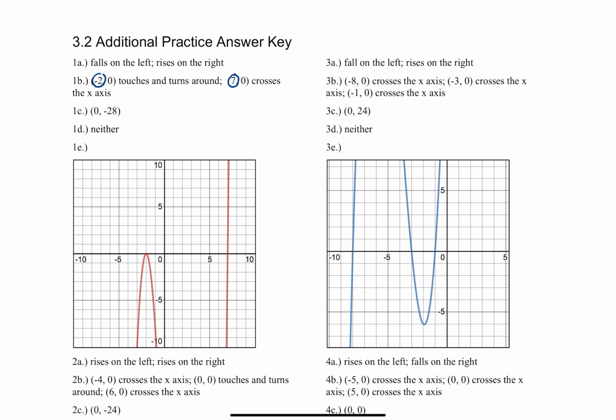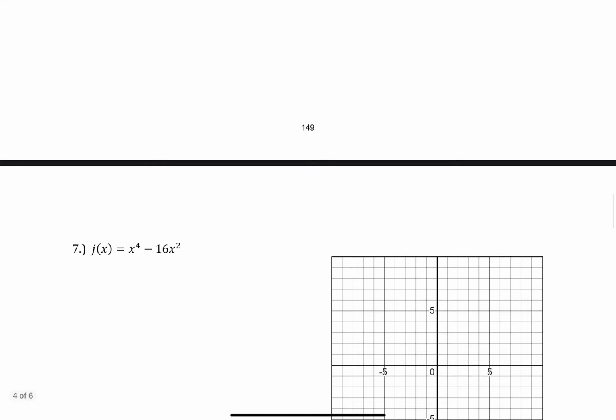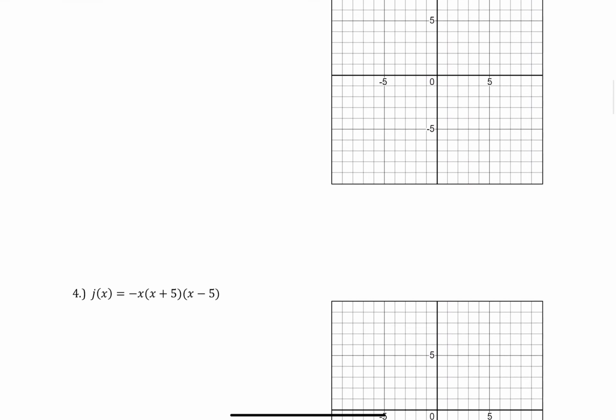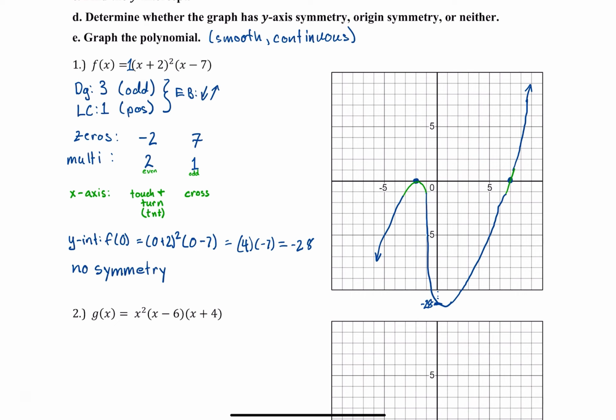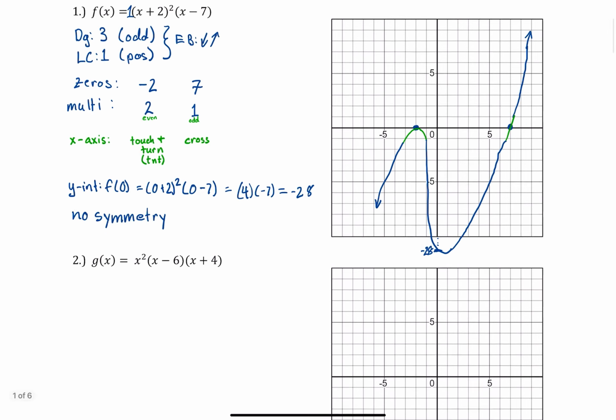Notice that those are the same values that we got earlier, and then the y-intercept is, of course, the minus 28. So now that I've done a basic example, going through it pretty slowly, there's 8 of them, so I'm going to speed up just a little bit to do several examples. All right.